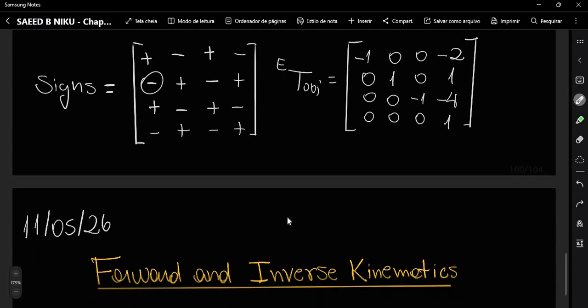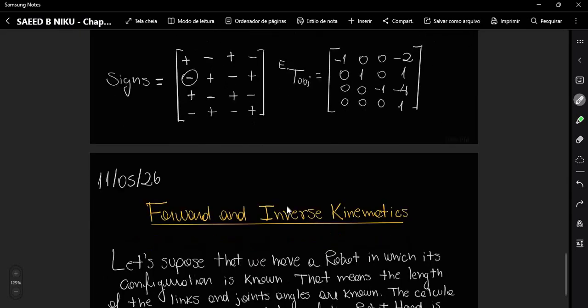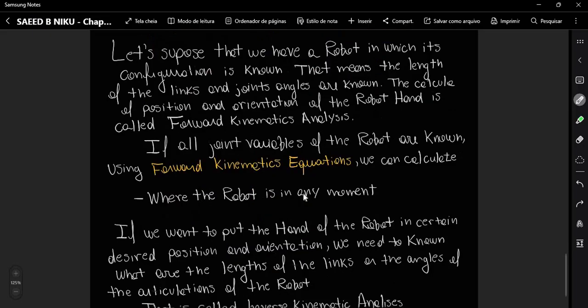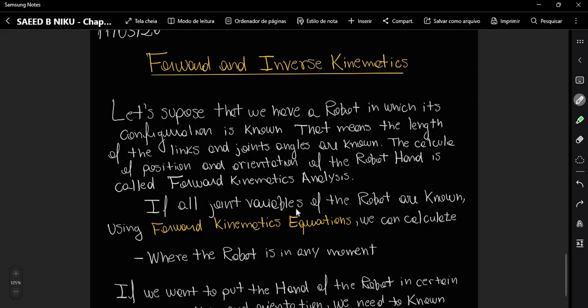And now, I said that in this video we will start the introduction of forward and inverse kinematics. I already wrote what is in the book, so let's start.